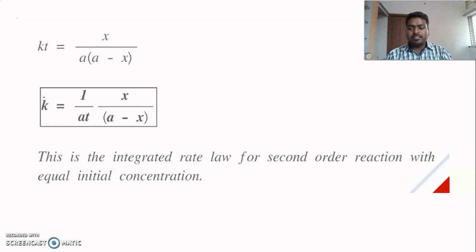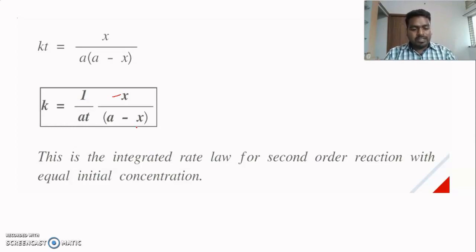Then keeping the rate constant on the LHS, k is equal to 1 divided by at, that is initial concentration and time, into x divided by (a minus x). So this is the integrated rate expression for a second order reaction, k is equal to 1 divided by at into x divided by (a minus x). This is the integrated rate expression for a reaction in which the concentrations of A and B are equal.